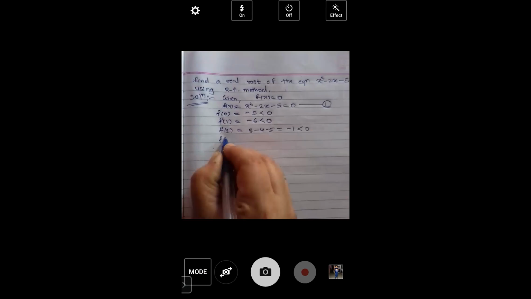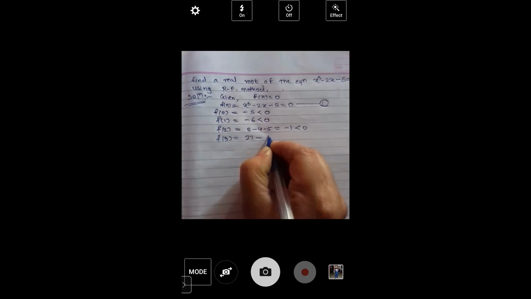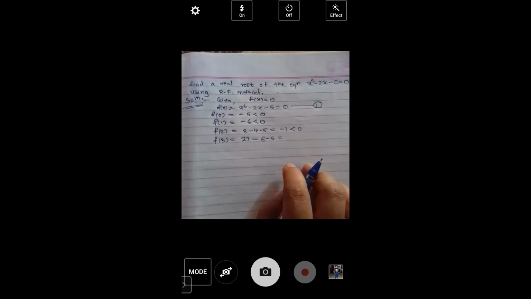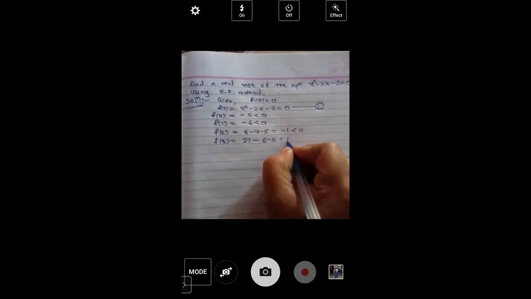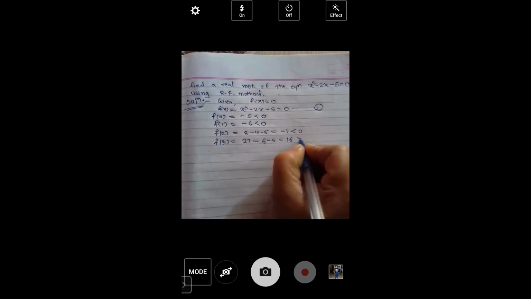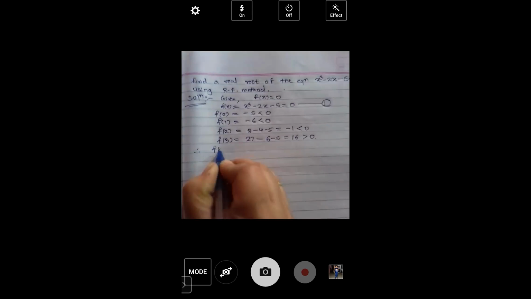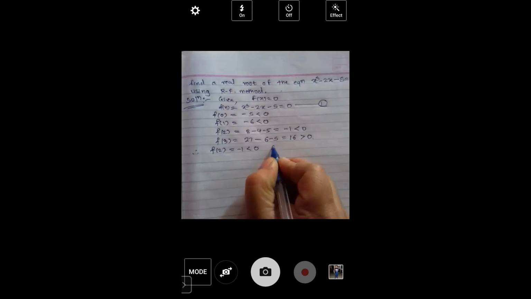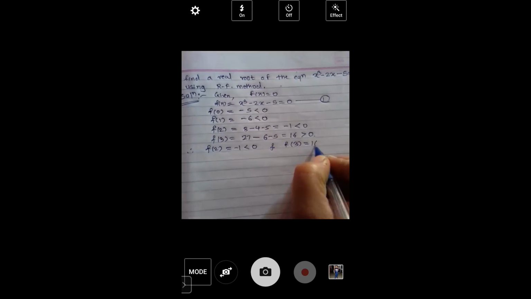F of 3, check करा, f of 3 positive येईल: 27 minus 6 minus 5. So 27 minus 11, how much we got? 16, which is positive. Therefore f of 2 is equal to minus 1, which is less than 0, and f of 3 is equal to 16, which is greater than 0.